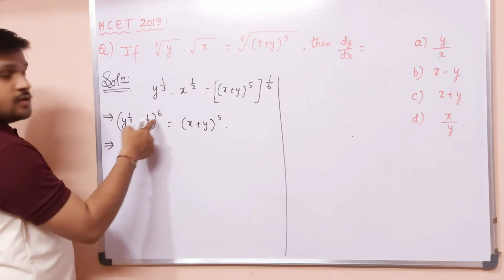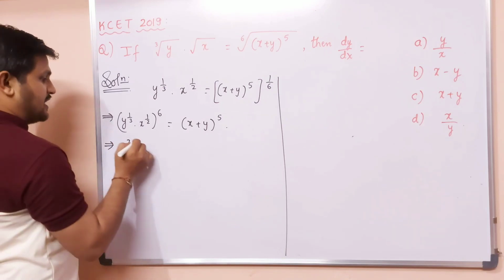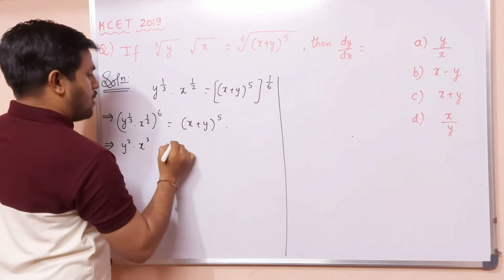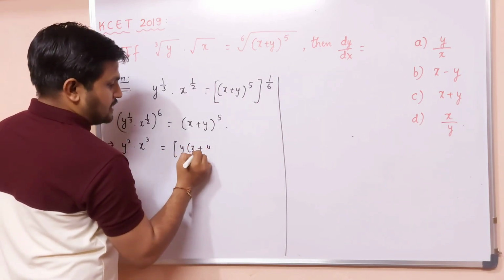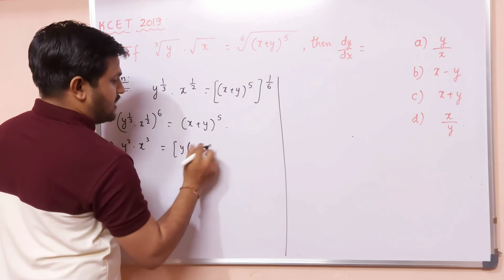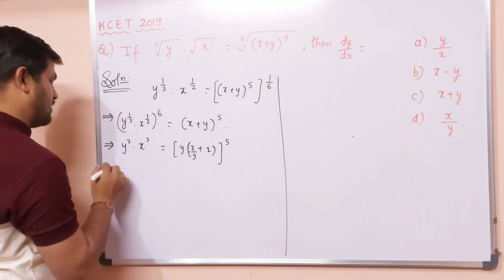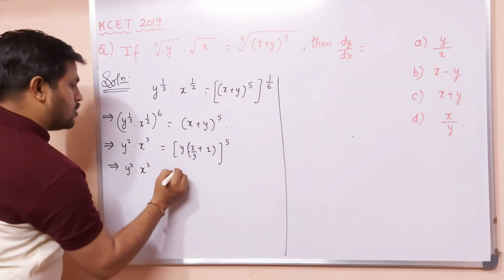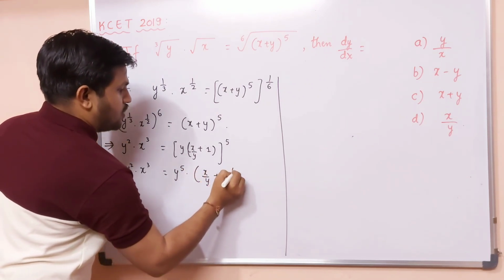So this implies y power 6 by 3, which is y square, multiplied with x power 3. This is equal to, taking y as common, (x plus y) by y, so x by y plus 1, whole power 5. Because here y square is there, y square into x power 3 is equal to y power 5 into (x by y plus 1) whole power 5.